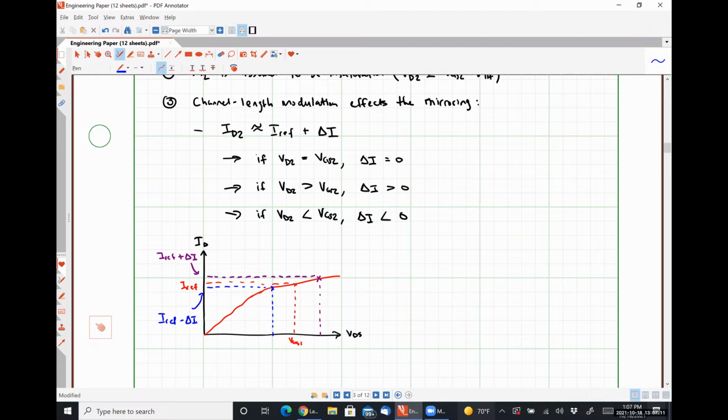So it's going to be somewhere in the ballpark of mirroring it, but if we allow that voltage VDS2 to not be exactly equal to VGS2 and therefore VGS1, we do see that there's a little bit of mismatch between the mirrored current and the current that it's copying. Okay.